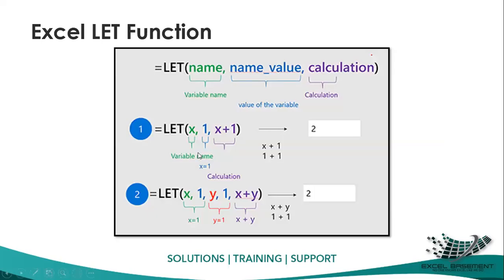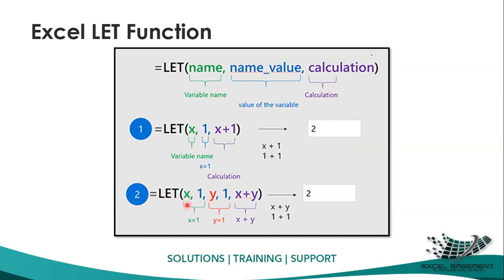Let's say the first example is very basic. Equals LET. First, we have defined the name, which is x, and then the value assigned to it. So we have defined the value of x as 1. And in the calculation, if I perform x plus 1, it will give the answer of 2, because x has been assigned a value of 1, and 1 plus 1 is 2. You can also go with more than one variable, as I told you.